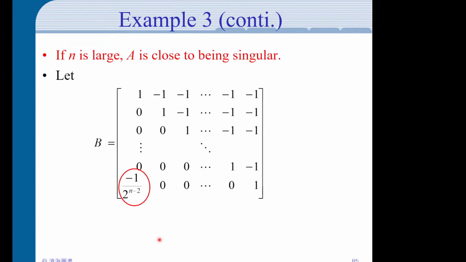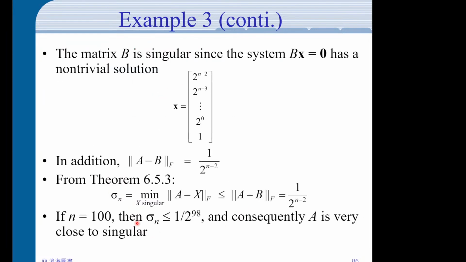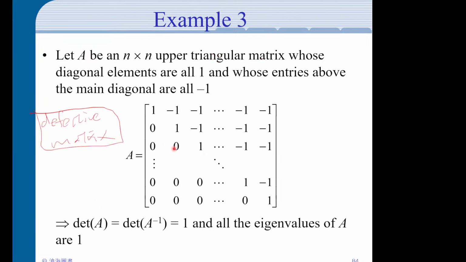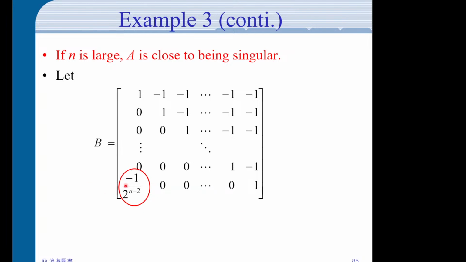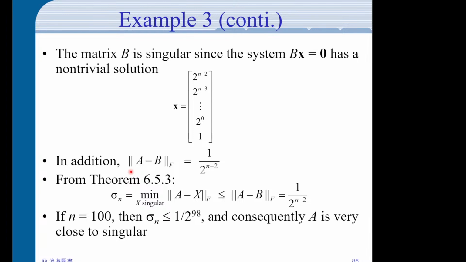B is very close to A in Frobenius norm, and by the theorem we skimmed through previously, what it shows is that A has a very small singular value. So you can change A only a little bit to get a singular matrix.